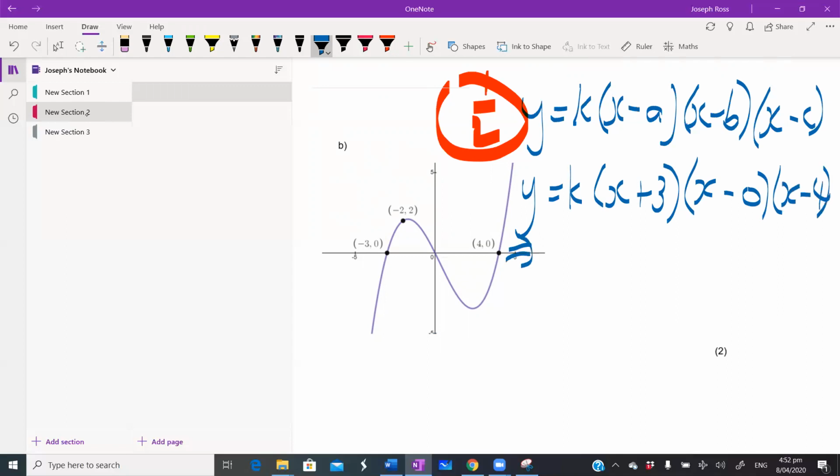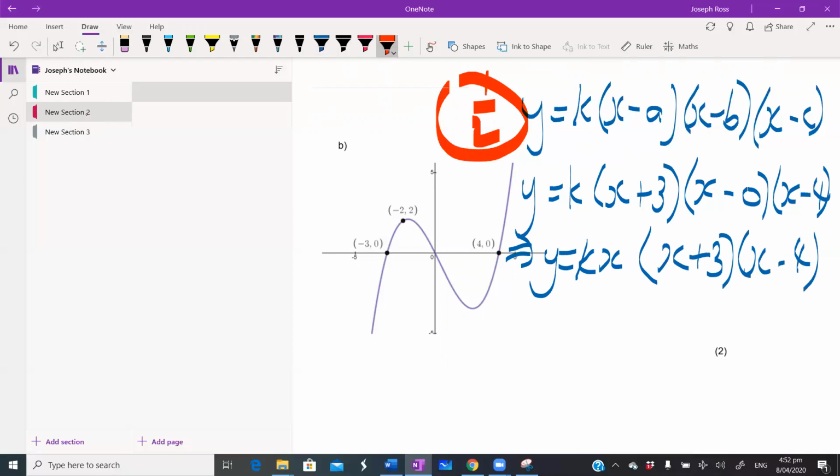So therefore, we have y equals k times x multiplied by (x plus 3) multiplied by (x minus 4). Okay, so half a mark for correctly putting in all 3 of your x-intercepts there.